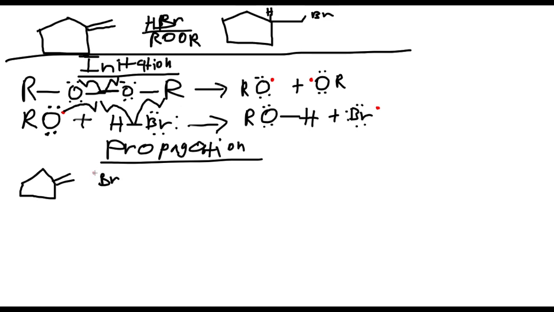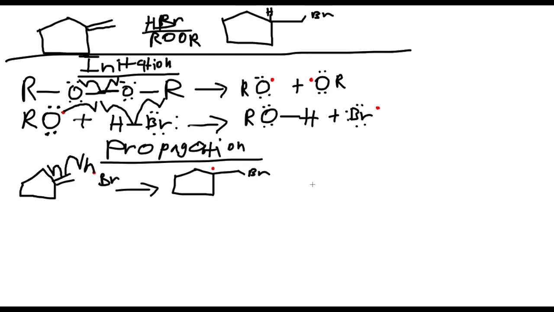Let's just put the radical right here. We have it forming one of the double bonds. An electron would go to form a bond with bromine, and then the other goes back on the carbon. So from here we would have this structure, bromine right here, and that carbon has the radical.